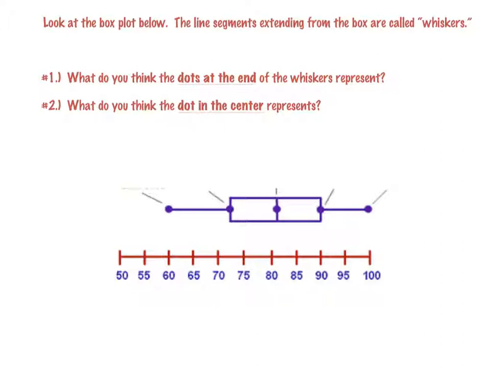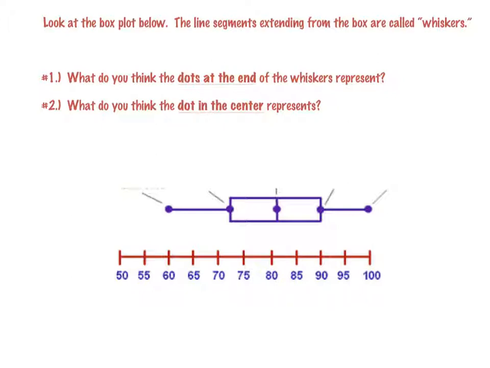Now, two things I want you to think about, and then later on in the video, we're going to answer these questions. But start thinking on your own. Question number one, what do you think the dots at the end of the whiskers represent? What do you think those dots represent for the whole entire graph?